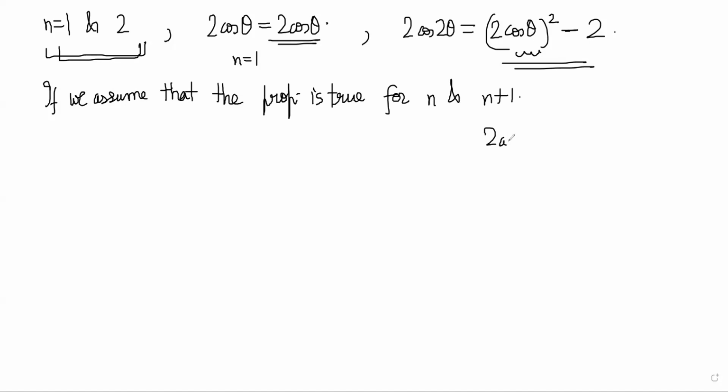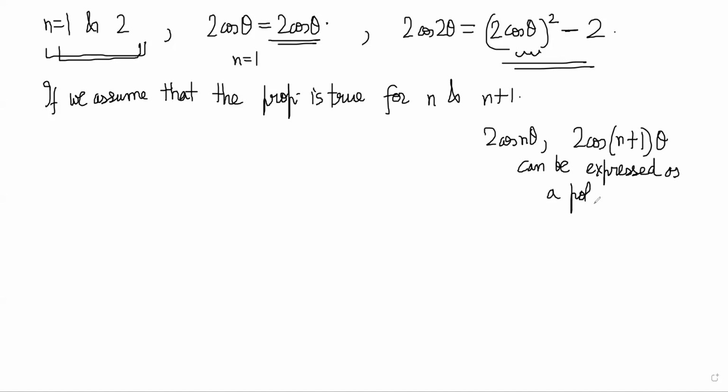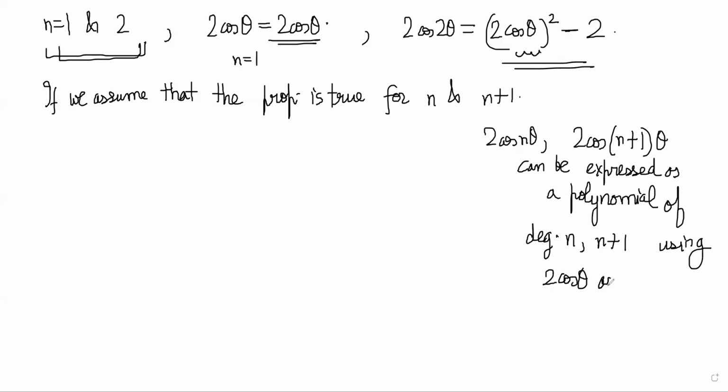We are saying that 2 cos n theta and 2 cos (n plus 1) theta can be expressed as a polynomial of degree n and n plus 1 using 2 cos theta as a variable. We are assuming the truth here for n and n plus 1. I want to prove that it is also true for n plus 2.